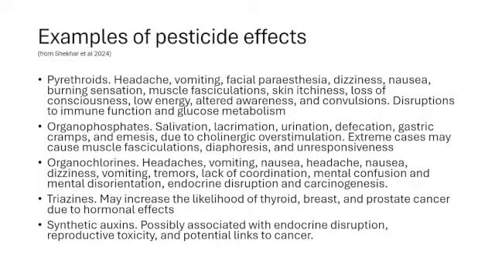Oh, the synthetic auxins as well. They're the ones that a lot of people complain about. The ones that are used for eliminating broadleaf weeds from grassland. And these are the ones that are remarkably persistent.